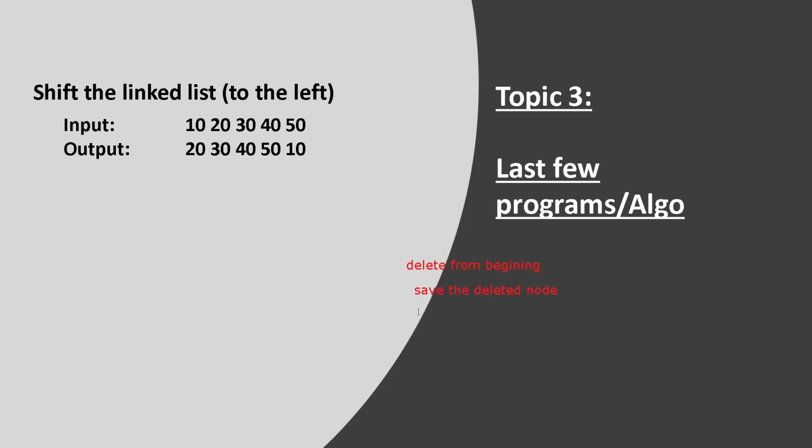I'm talking about 10, which I have deleted, and I'm saving that node and adding it to the end of the linked list. So I'm just adding it at the end. As a result, it seems like everything will be shifted to the left. So that will be the very simple algorithm.